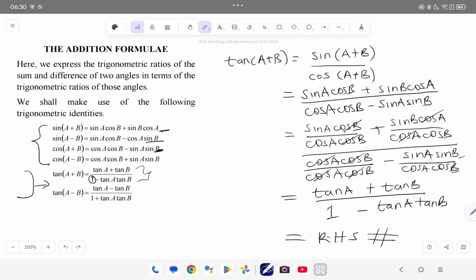Now you can follow through the same steps and prove the one for tan A minus B. You can first pause the video and you try to do tan A minus B.